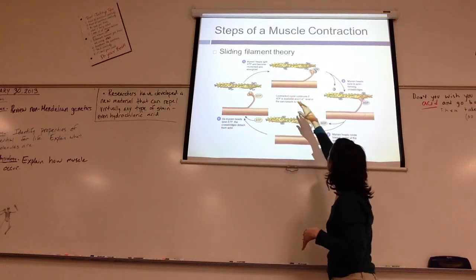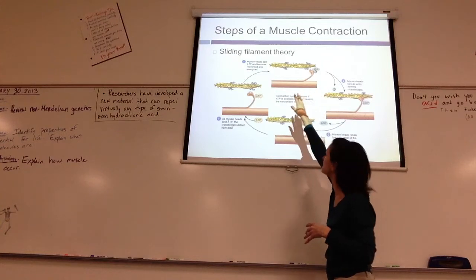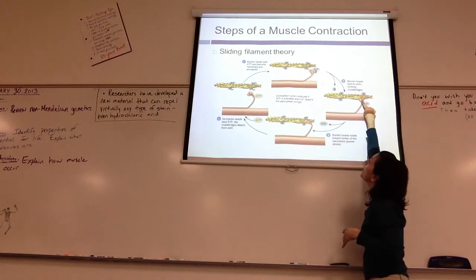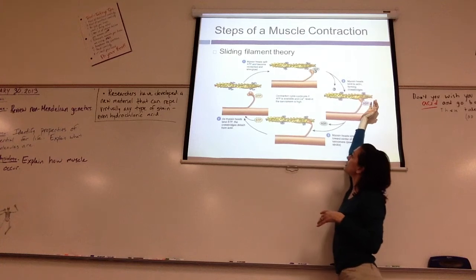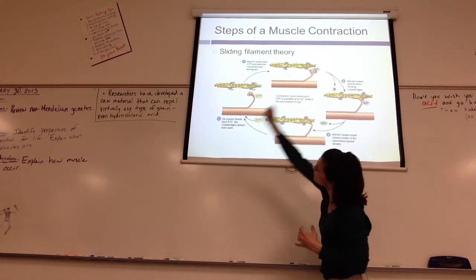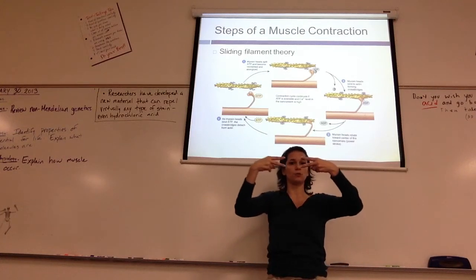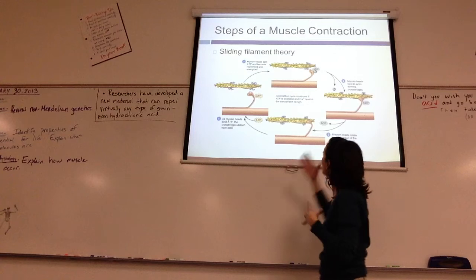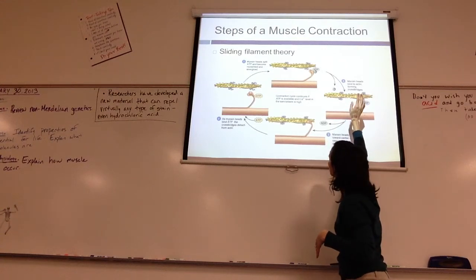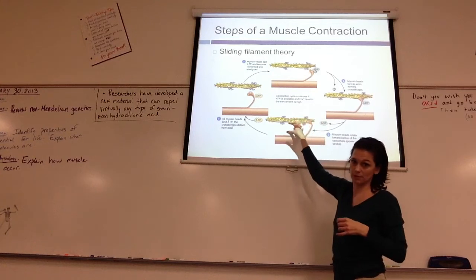Once the calcium has revealed those myosin binding sites, the head is going to bond to them. And it is going to perform a power stroke, which basically means it's going to pull the actin closer together. We had actin on both sides, so they're getting pulled closer together. And that's happening repeatedly. Once it has pulled it forward, more ATP is used.